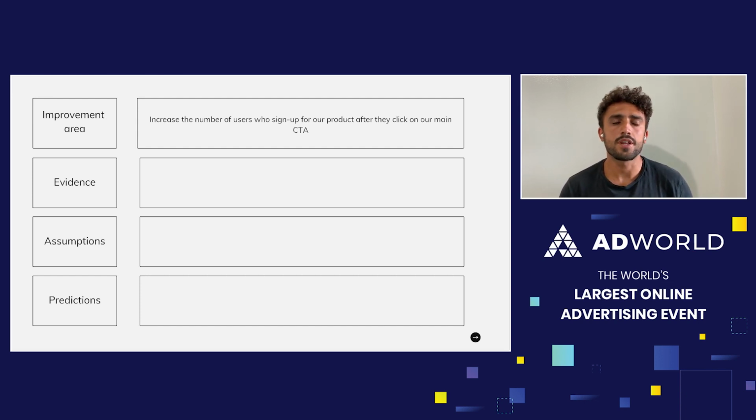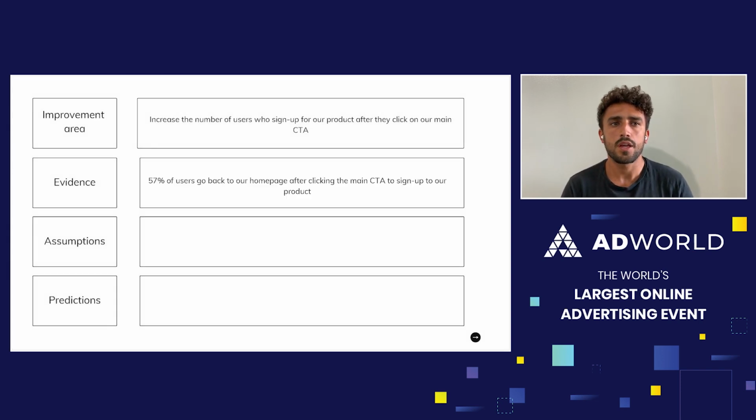After we identify this, we need some sort of evidence that shows us this is a worthwhile investment. And that's where you fill out the evidence piece. In this area, you can collect qualitative data, quantitative data, prior experiments you ran, or some observations that will back our overall experiment.